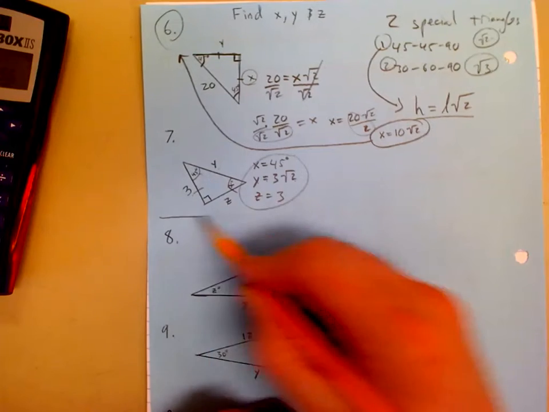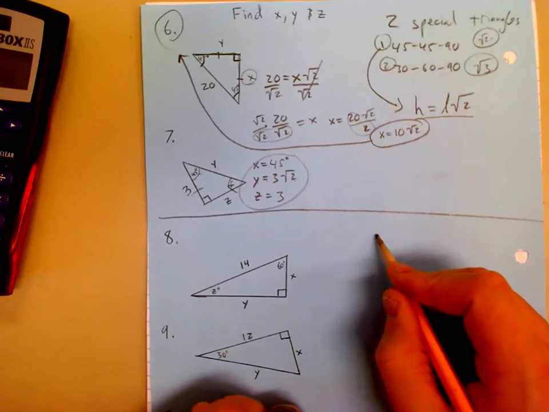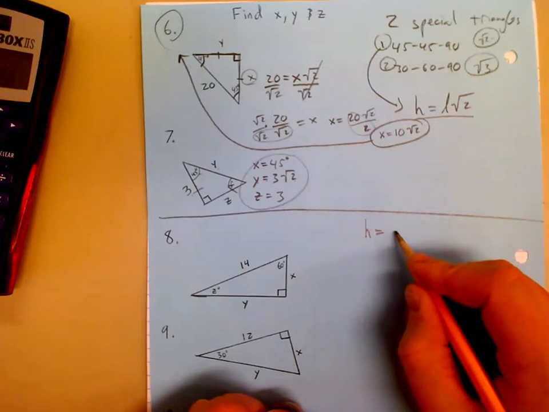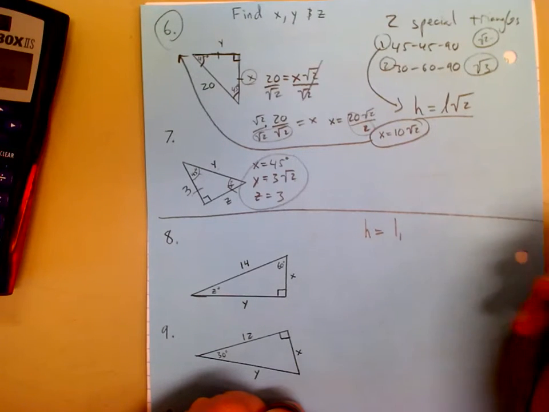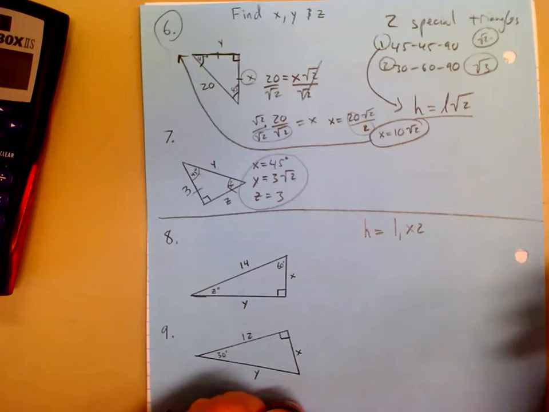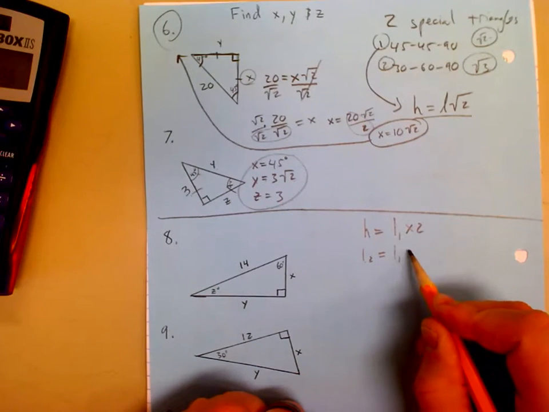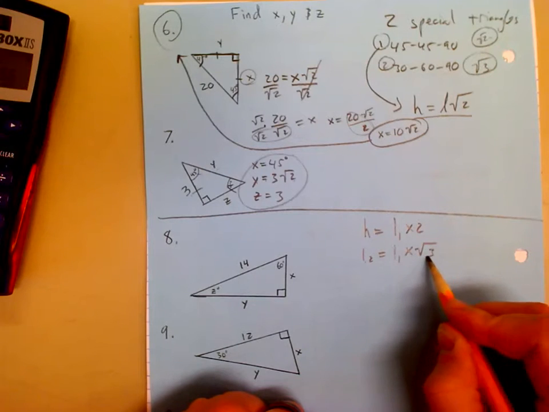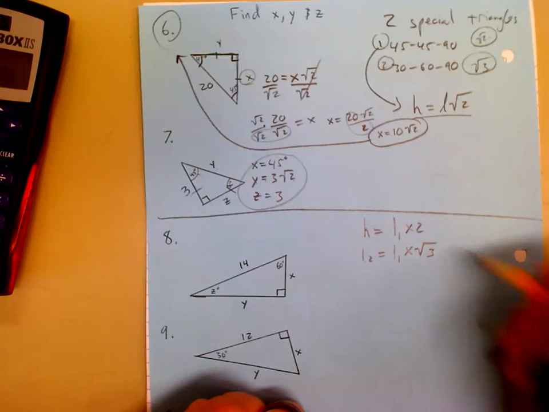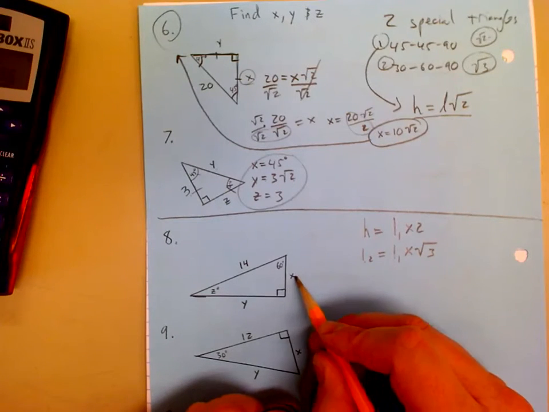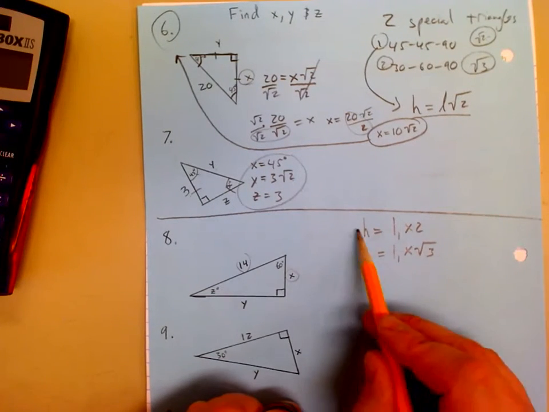Alright, next. Number 8. What I'm going to have to remember here is that the hypotenuse equals the shorter leg, so we'll call it leg 1 times 2. And that leg 2, the longer leg, equals leg 1 times the square root of 3. Those are my two formulas I've got to remember. So here, I have the shorter leg and the hypotenuse, so I'm going to use this top one here.